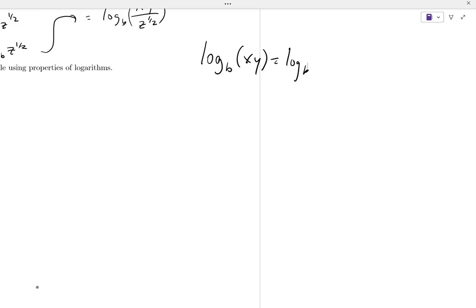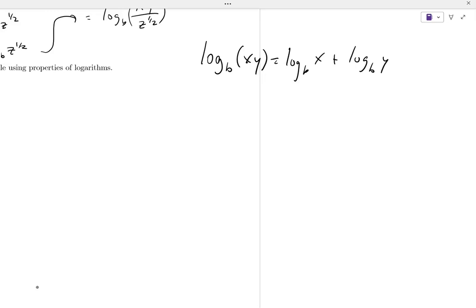Good. Remember, when we multiply, we add exponents. So that's our log property, because logarithms are exponents. A log of a product breaks up as the sum of the logs.